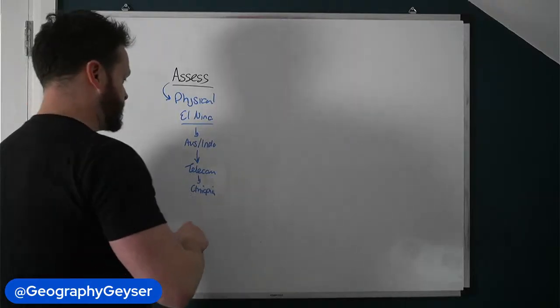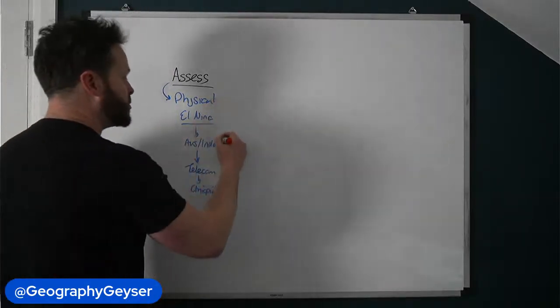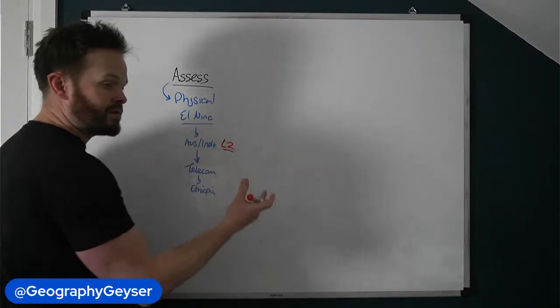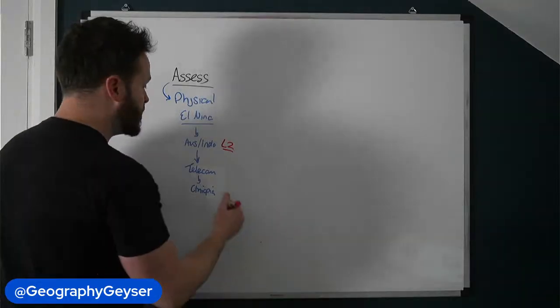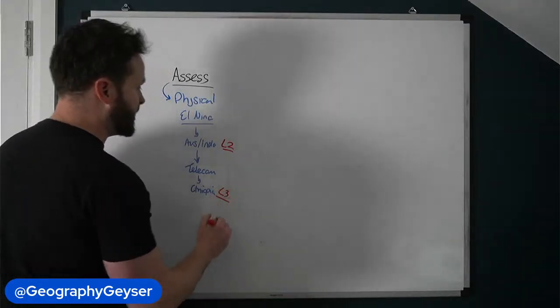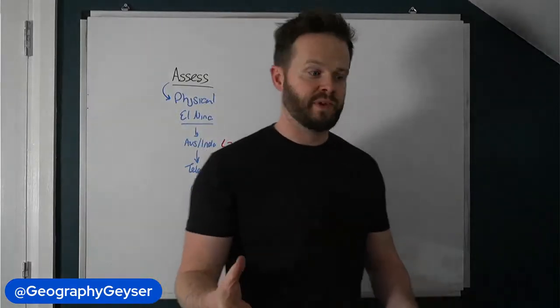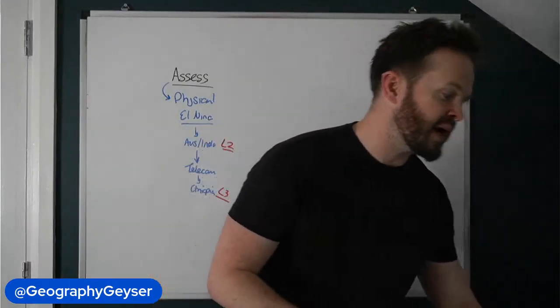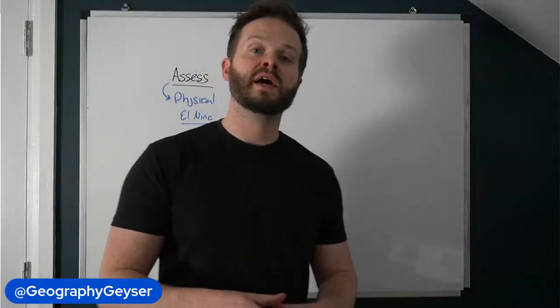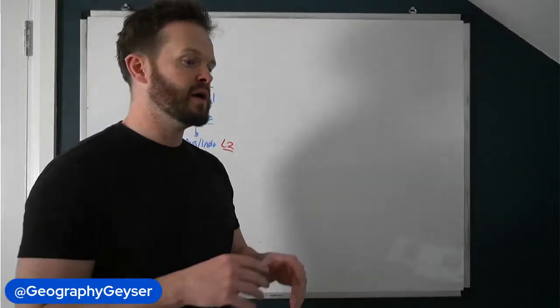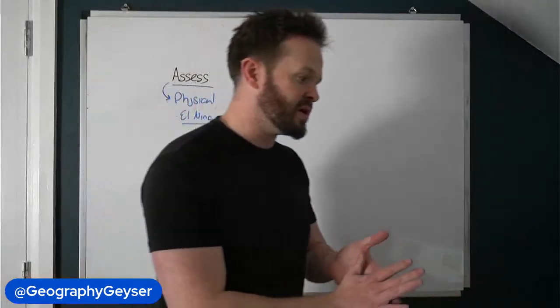If you stopped here, you're probably giving level 2 levels of detail, which is still good. If you went here, you're giving level 3 range of knowledge, which is going to get you higher marks. Absolutely. But I don't think they would ask you anything specific like, explain teleconnections. Yeah, you can always bring it in.